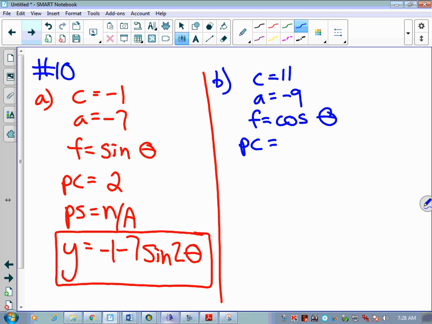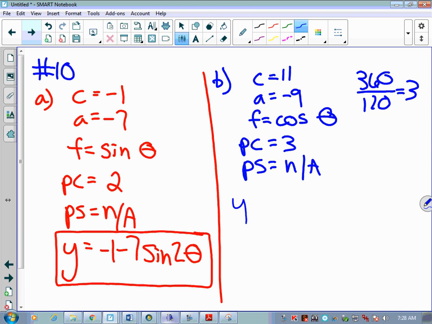So here we're going to do 360 degrees divided by 120, and it's 3. Okay, so we'll go through 3 periods. My phase shift is not really needed. So we should get y equals 11 minus 9 cosine 3 theta.